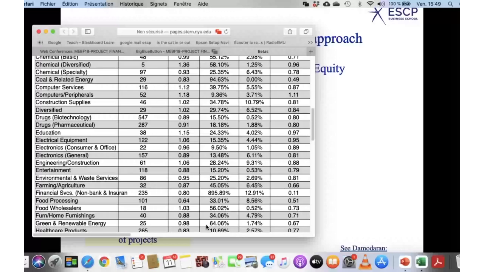And you have here the debt equity ratio, which is 64%. You know that the level of debt in the capital structure has an impact on the risk for equity holders. That's why the equity beta is 0.98, because part of this value is influenced by the level of debt.